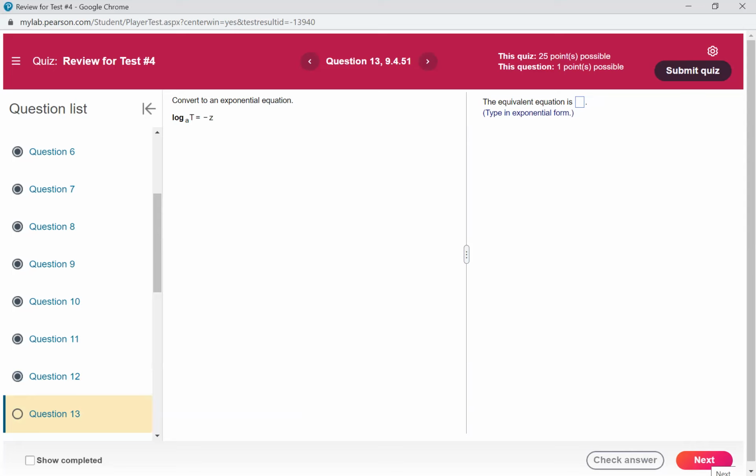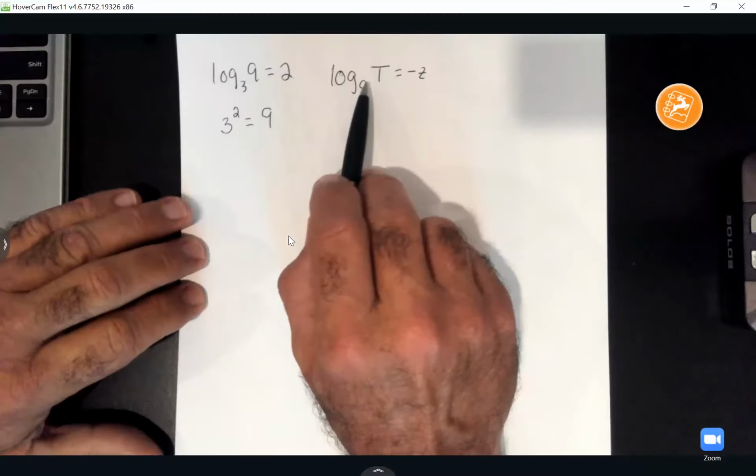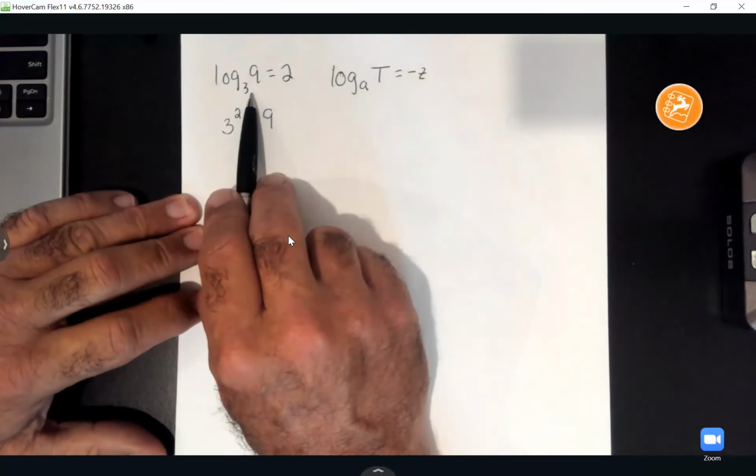All right, so notice same thing, but now they're just using log base a of a capital T equals negative z. So since this T is capitalized, when I write this answer in, that T has to be capitalized, okay? So let me work this one. You'll notice I'm going to work this one the same way I did the last one.